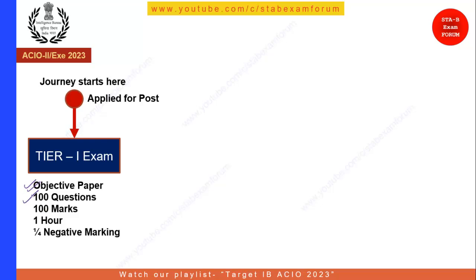There will be 100 questions, 100 marks, and 1 hour will be given to you. Definitely there will be 1/4 negative marking, and there will be 5 sections. I will not go into detail about the syllabus and the pattern. I will post another video in the upcoming days.